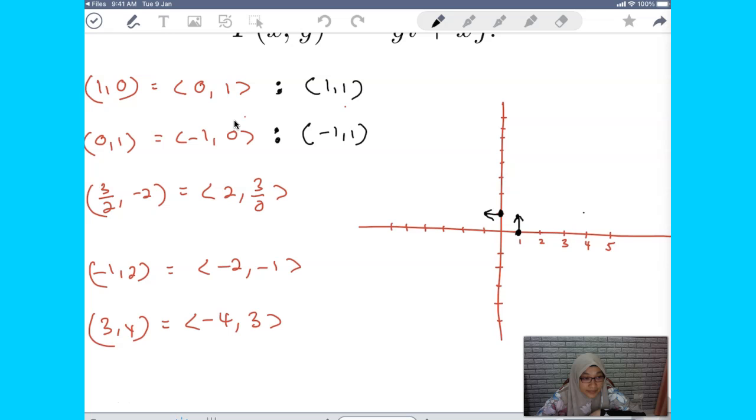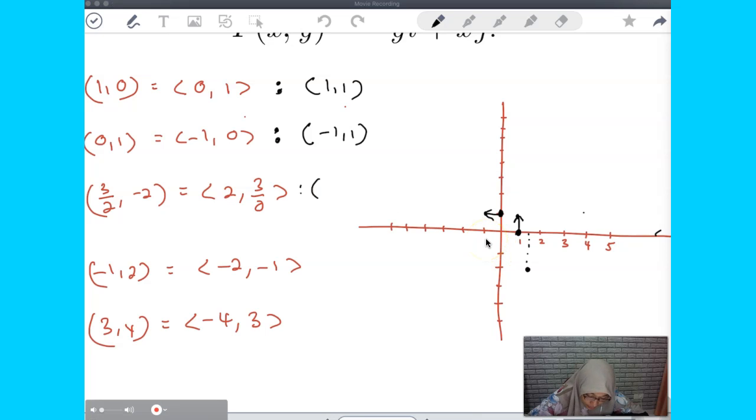Okay, and then at 1.5, minus 2. 1.5, minus 2 here. This one.